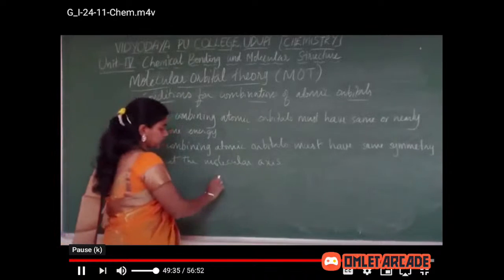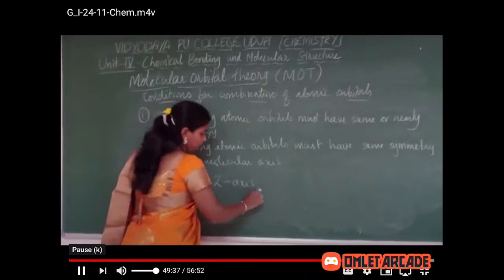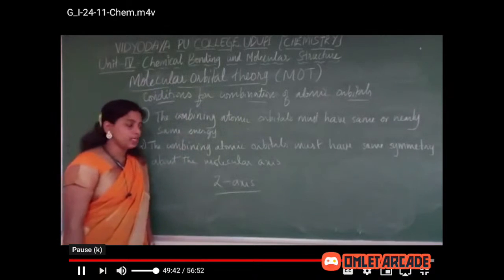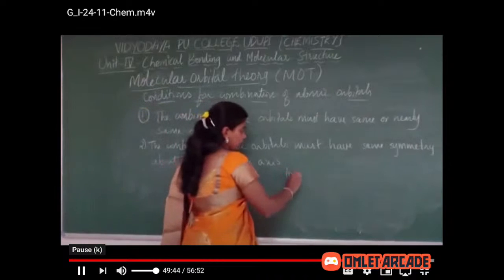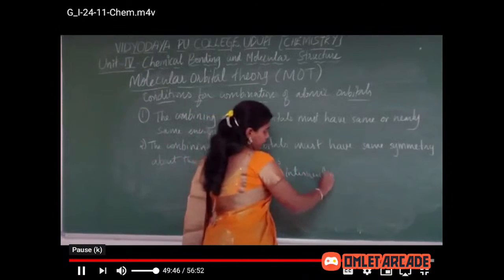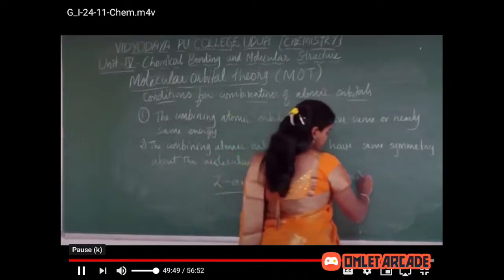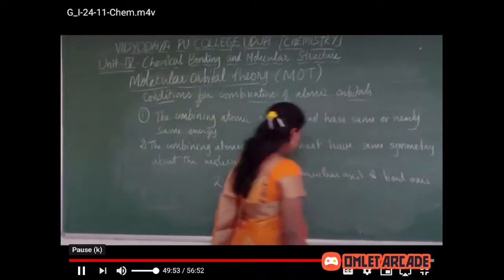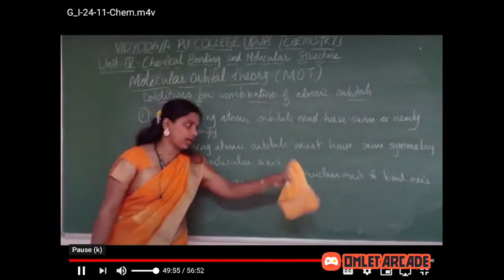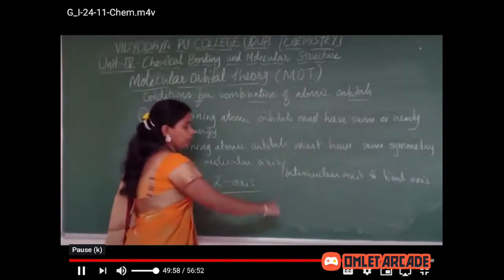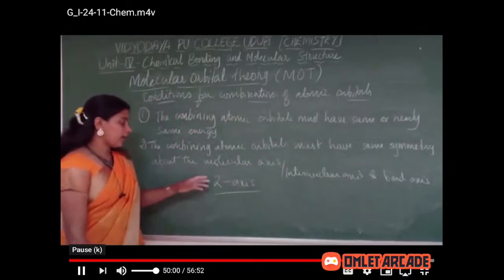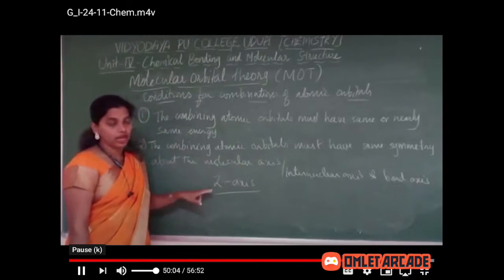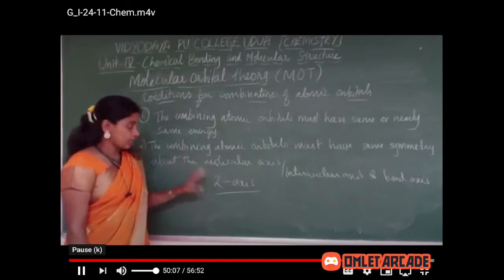By convention, z-axis is the molecular axis. Molecular axis, internuclear axis, and bond axis are one and the same. So by convention, the z-axis is the internuclear axis or molecular axis or bond axis.